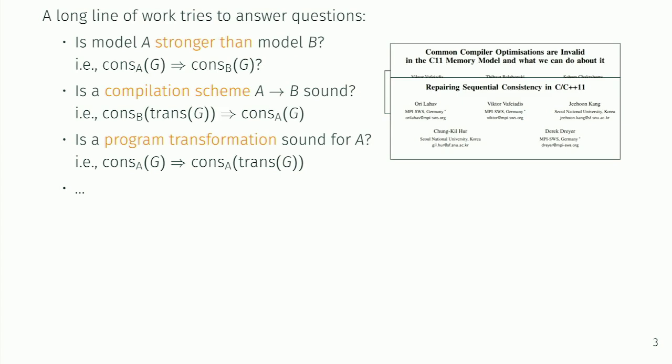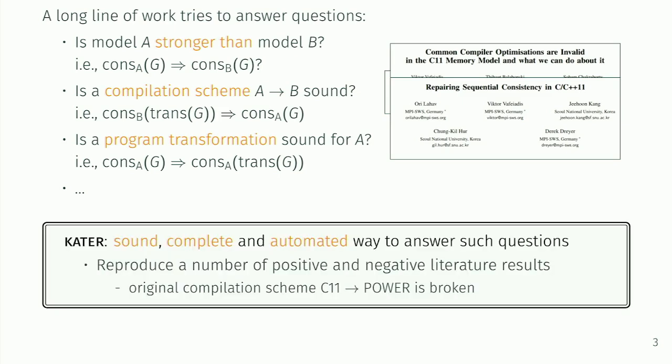And this is where this paper comes in. So I'll talk to you about Cutter, which is a sound, complete, but also automated way to answer questions like these. And using Cutter, we were able to reproduce a number of positive and negative literature results. The most interesting of which, in my opinion, is that the original compilation scheme from C11 to Power is broken.